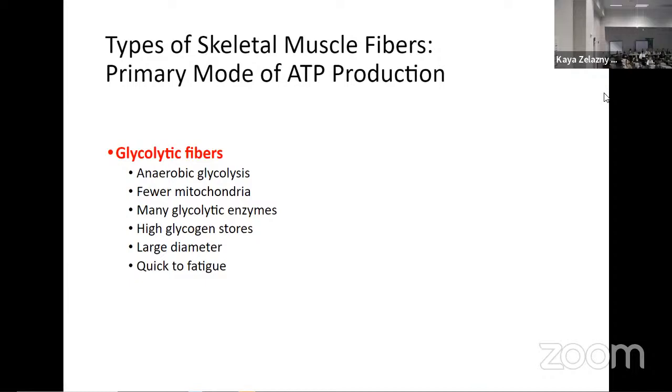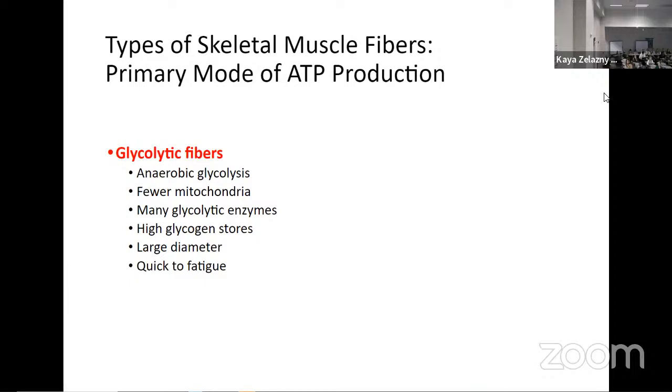And this final characteristic, the larger diameter, has to do with both the fact that they're doing glycolysis, as well as the fact that our glycolytic fibers on the whole are going to be kind of stronger in the end, or we'll see them used more in heavy exercise.